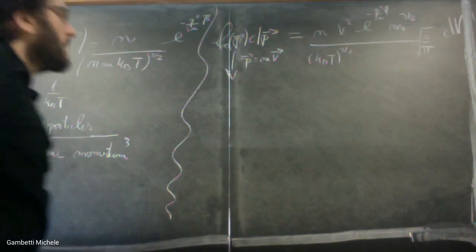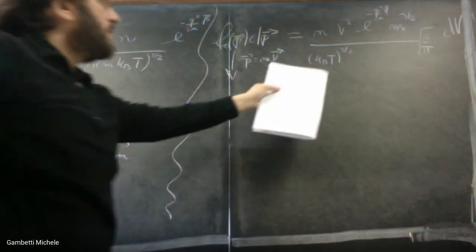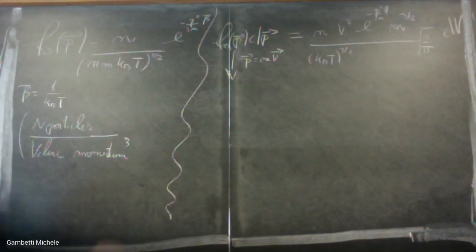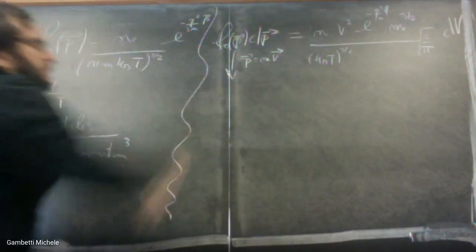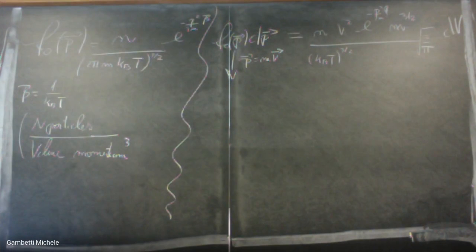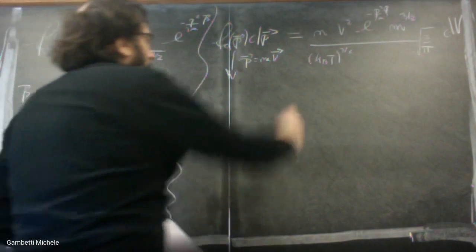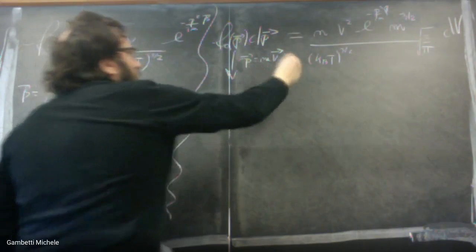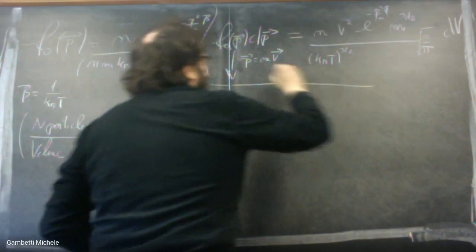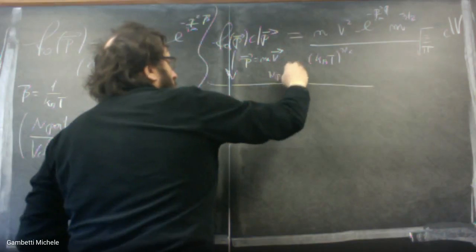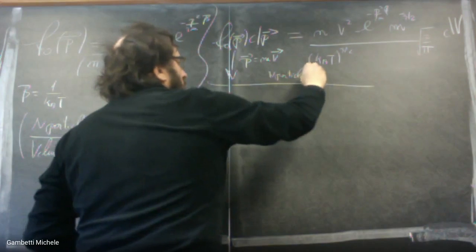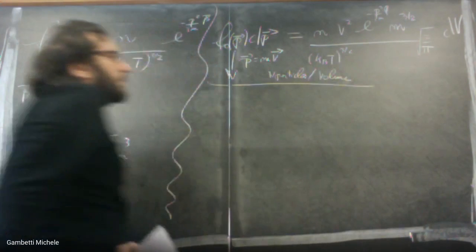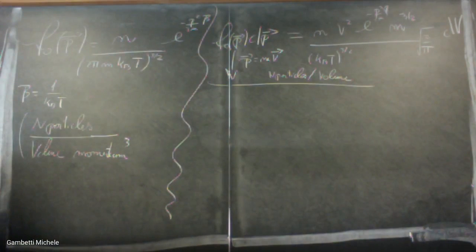Okay, good. Now, of course, for what concerns the dimension, this should be now number of particles divided by volume, right? Because I have put this dp, so this quantity here now is number of particles divided by volume, for what concerns the dimension.